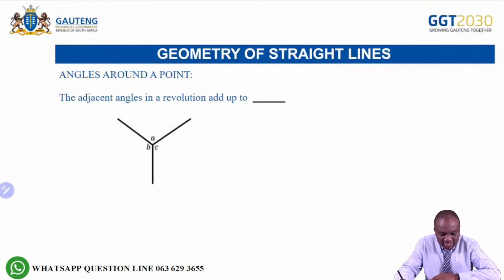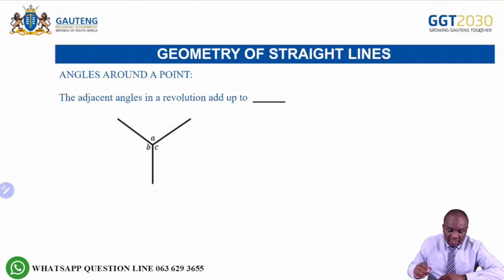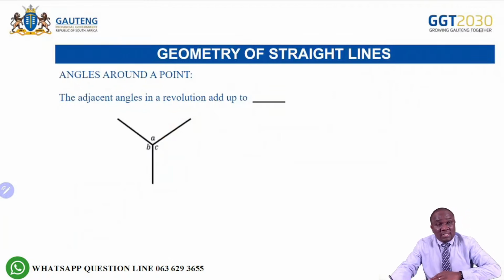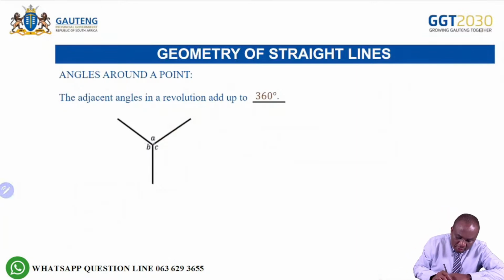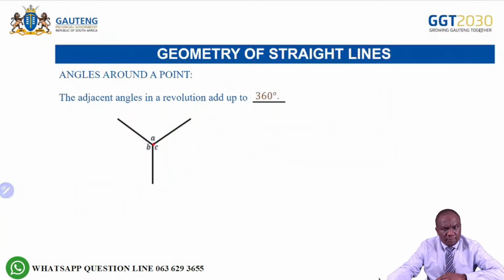Adjacent angles in a revolution. You can write that one down. Adjacent angles in a revolution add up to 360 degrees. There can be 2 of them, there can be 3 of them, there can be 4 of them, there can be 5 of them. So they are around a point, like these angles A, B, C, they are around a point. Okay, that's a revolution. Then we're saying A plus B plus C is equal to 360 degrees.